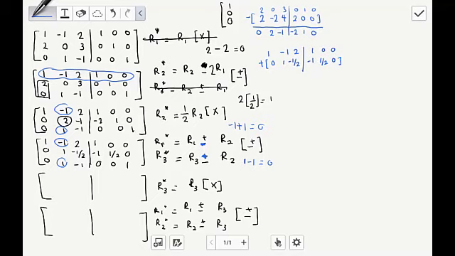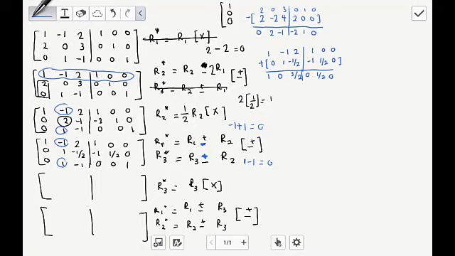So what happens when you plus? You'll be getting 1, 0. 2 plus negative 1 over 2 will give us 3 over 2. 1 plus negative 1 is 0. Then 1 over 2 and 0. So this is your new row 1.